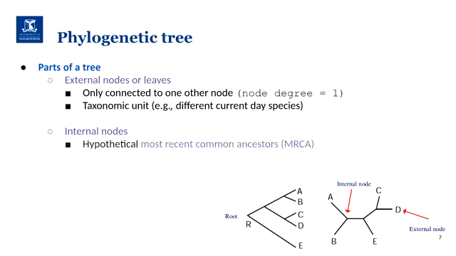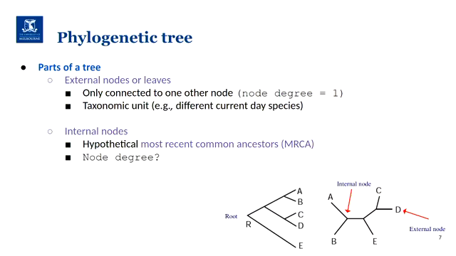And the internal nodes could be interpreted as the most recent common ancestor of a given set of sequences. For instance, this internal node will be the most recent common ancestor of A and B. Okay? And the node degree for these would be at least 2.